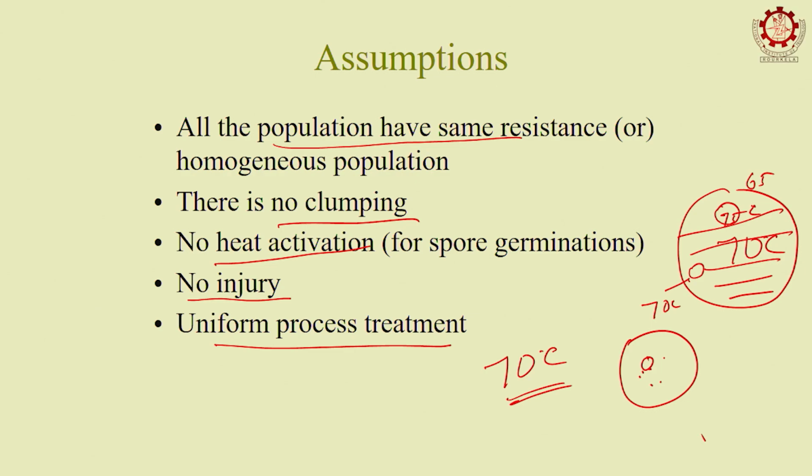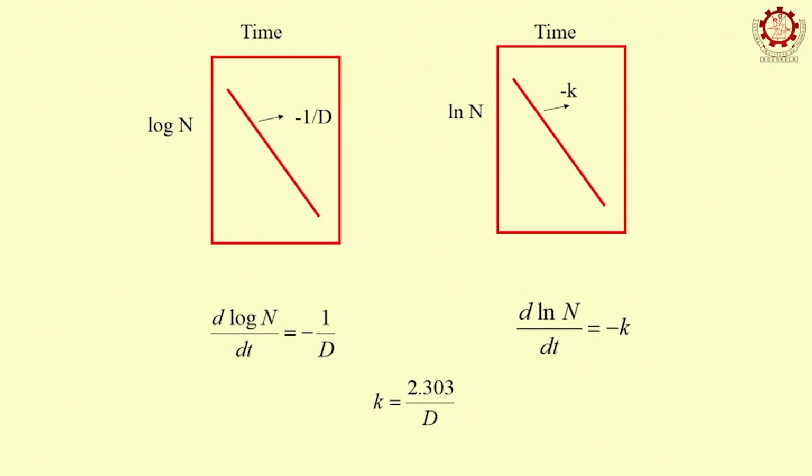The thermal death time can be graphically plotted using this here. Logarithmic N versus time, this is 1 over D. D is your decimal reduction time. Now, some of us have a chemical engineering background. You may prefer this form here.